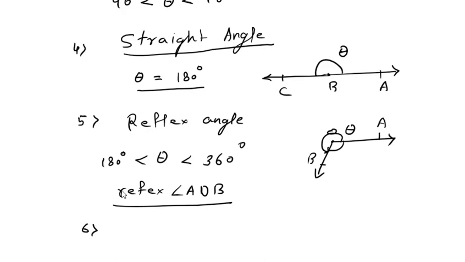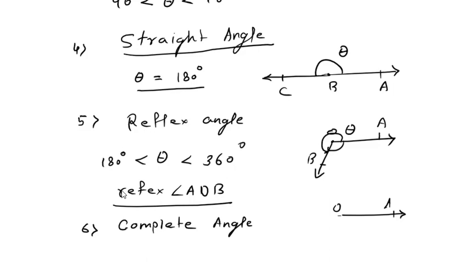We can define one more angle, that is called complete angle. Complete angle, that means this ray AO, okay, we rotate this ray AO. When we rotate in a straight way, that is opposite to each other, it becomes a straight angle.